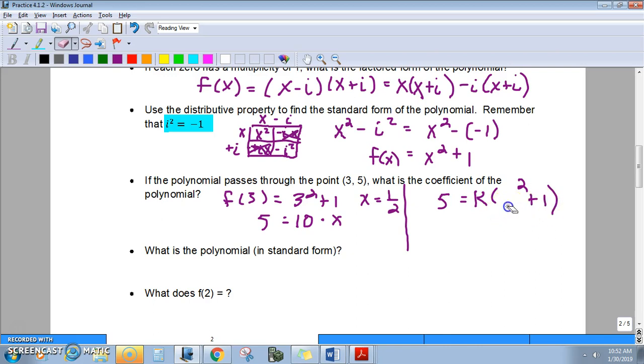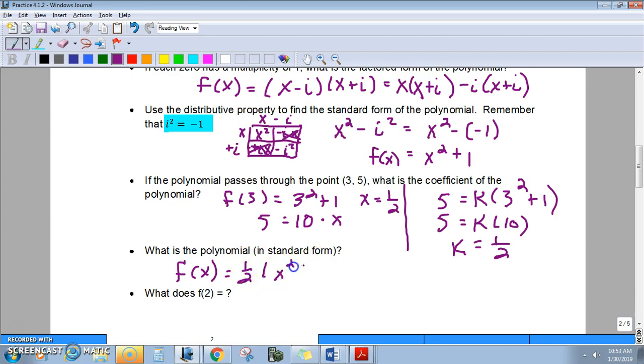So we fill it out so that the only variable we have is that k. And what we get is the same thing: 5 equals k times 10. Divide both sides by 10, and you get k equals 1/2. So the same in either direction. So f of x, the final equation, is 1/2 times (x squared plus 1).